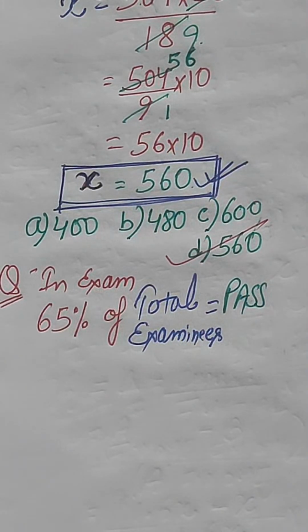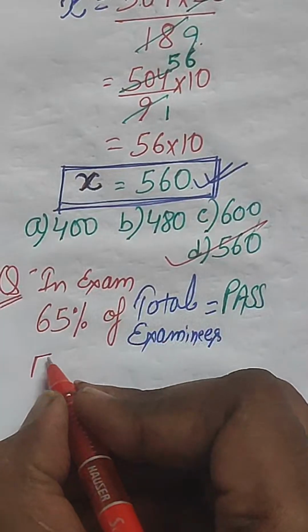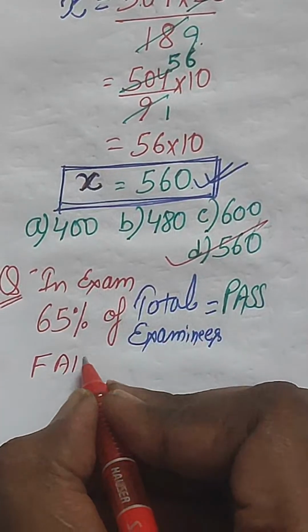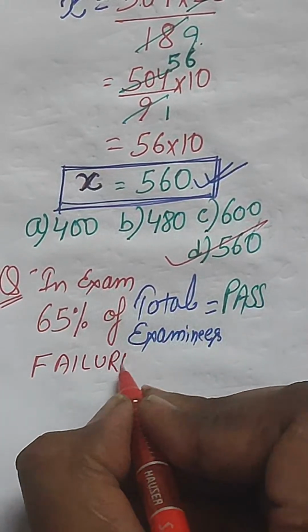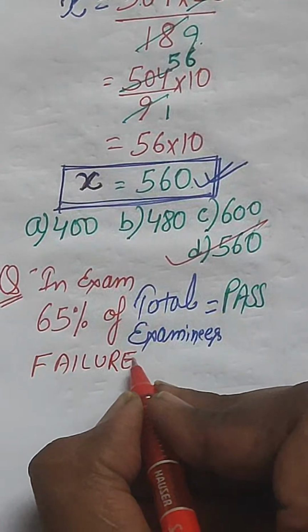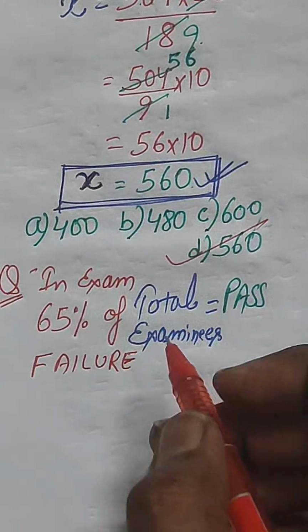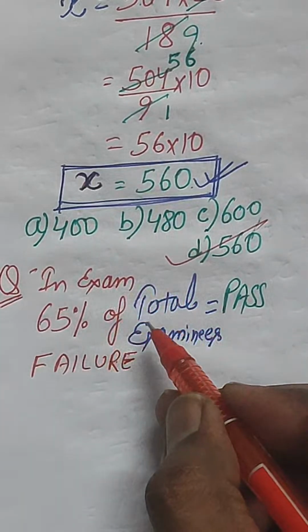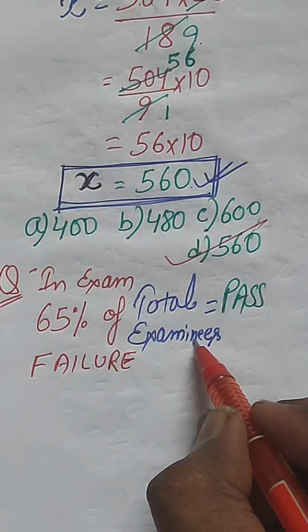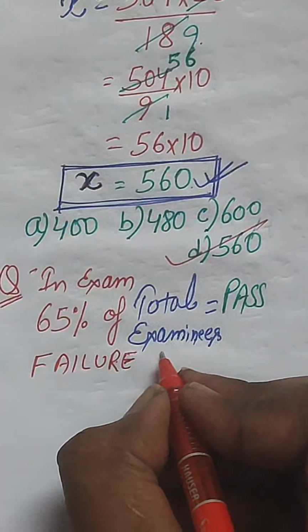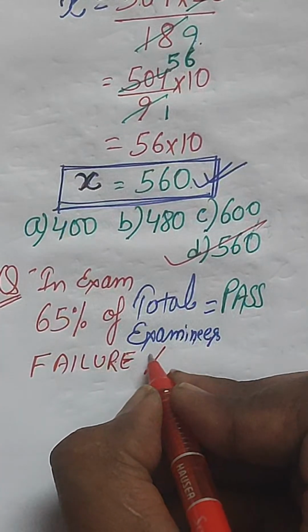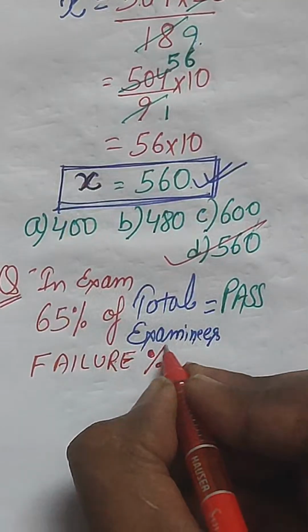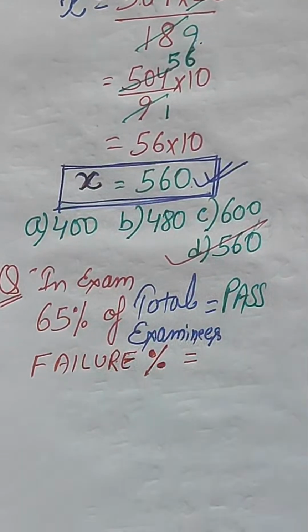the failure count is given to you. Failure of what, teacher? Failure of the examinees only, because all the statement is given with reference to examinees.